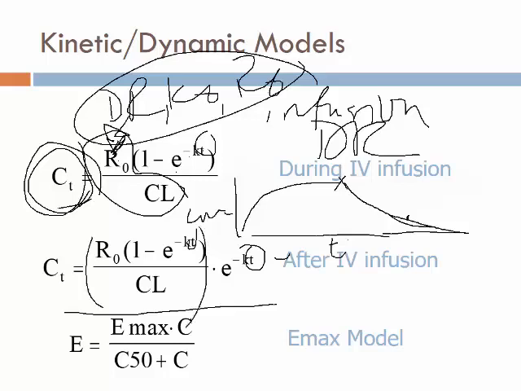This is still representing the same equation. If you give it for 2 hours, you put 2 hours here, and if you want to know 3 hours after that, you put 3 in there. This is just simple one compartment kinetics that you learned earlier in the semester.